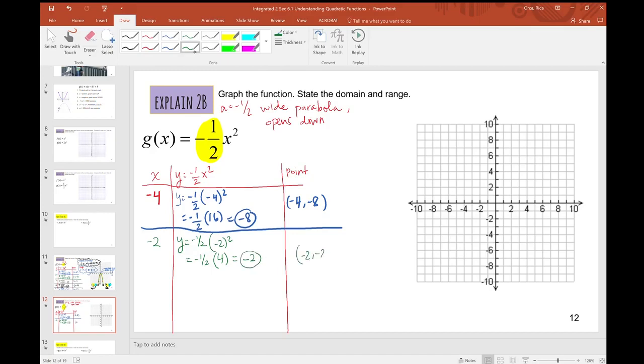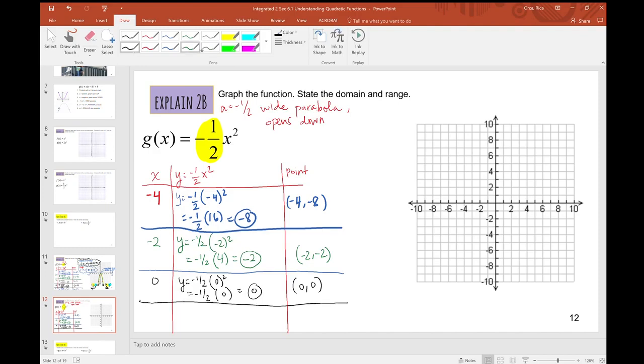So the point is -2, -2. Our third point is going to be when x equals 0. When x equals 0, y will equal -1/2 times 0 squared. That's -1/2 times 0, which is just 0. Our third point is 0, 0.